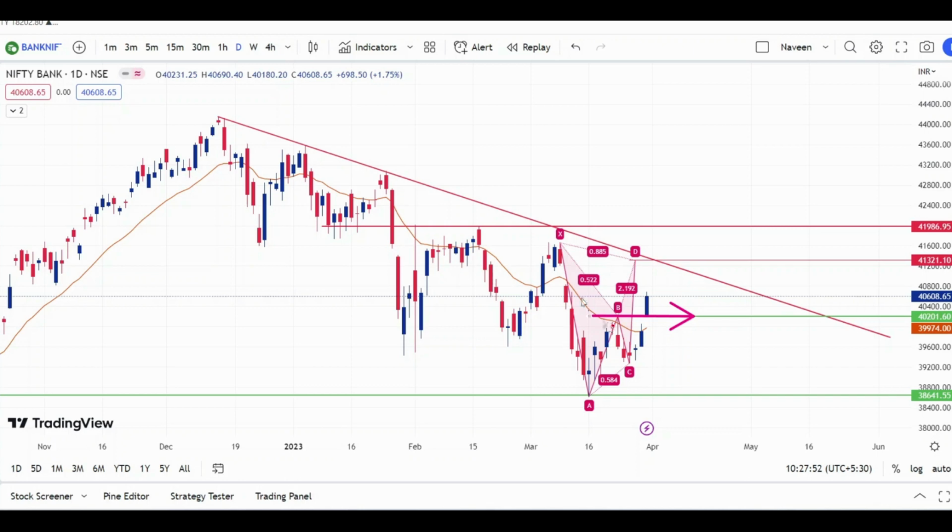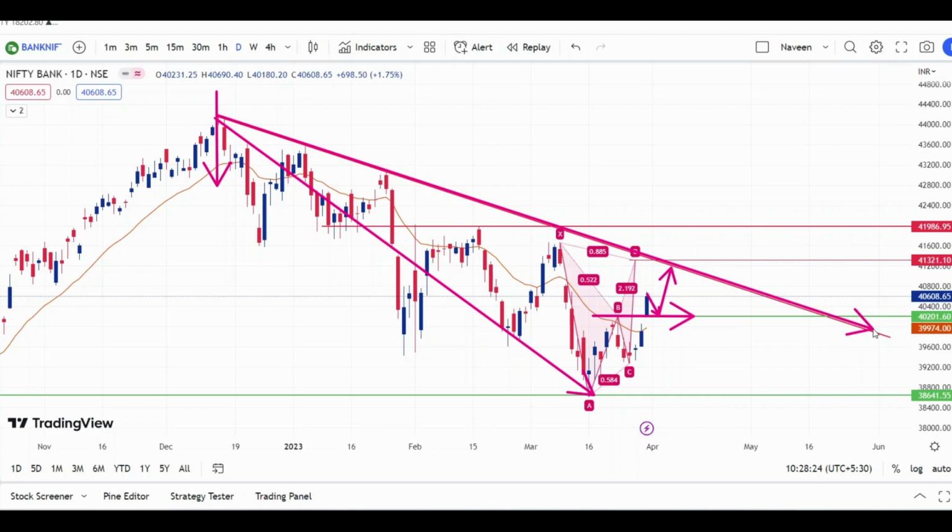So what does this indicate? We may say that this complete downtrend, which has been for the last 4 months since the December month, has been reversed above this 40,200. Even though on Monday's trading session, if Bank Nifty tests this 40,200, again the buyers will get active here, that is near this 40,200 level, and we may see a bounce back from this level till this resistance line.